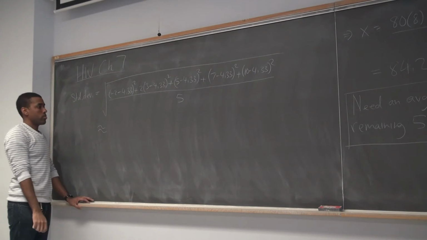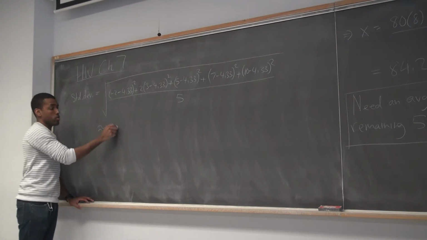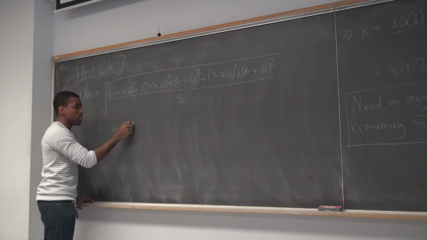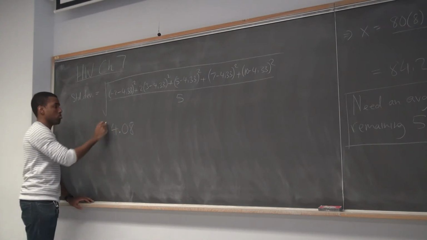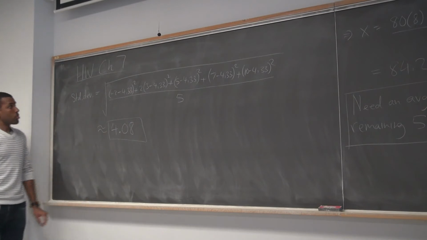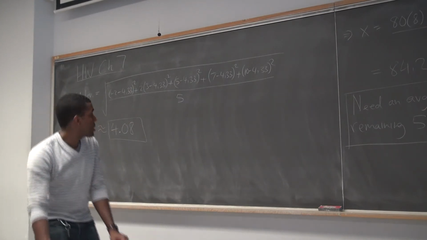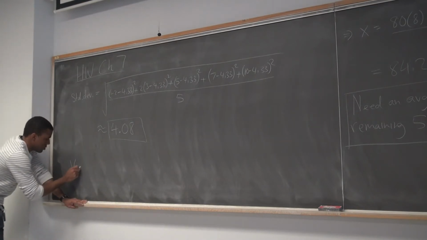And what was that roughly? 4.08. And finally, the variance. How do you get the variance?